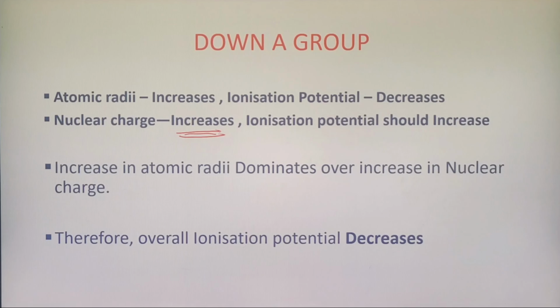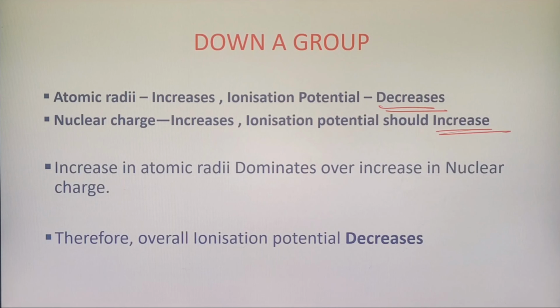And as the nuclear charge increases, what is the meaning of the word nuclear charge increases? The more powerful the nucleus, the more difficult it will be for me to remove the electron. So more difficult means I have to provide more energy. Okay, so at one place ionization potential is decreasing, at one place ionization potential is increasing.